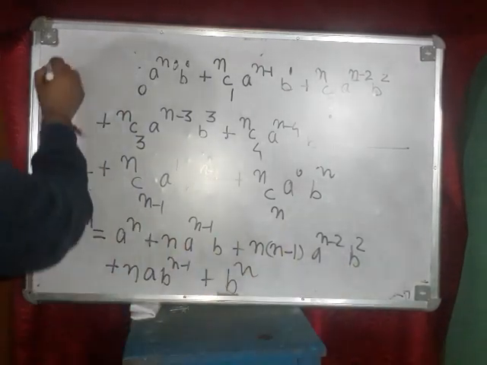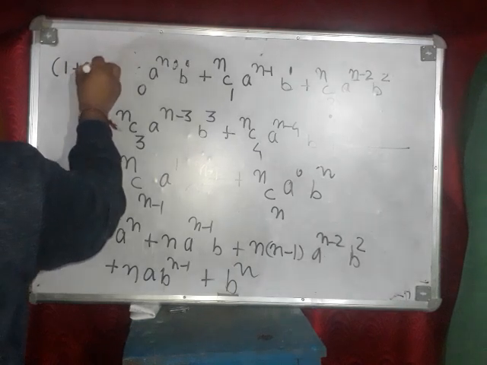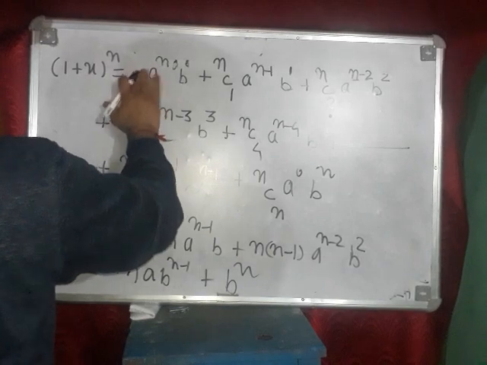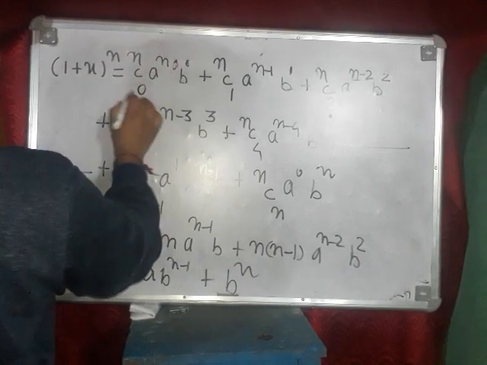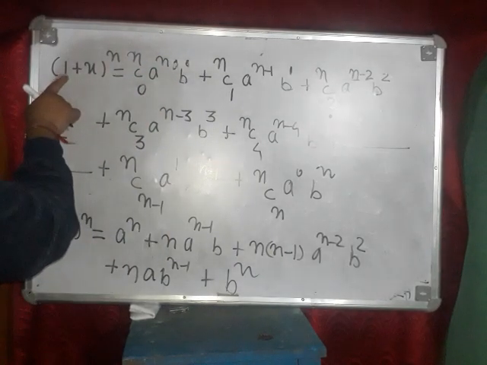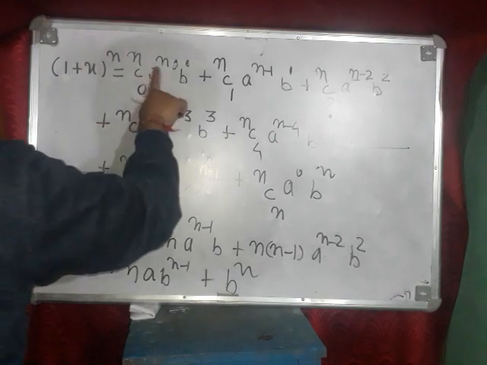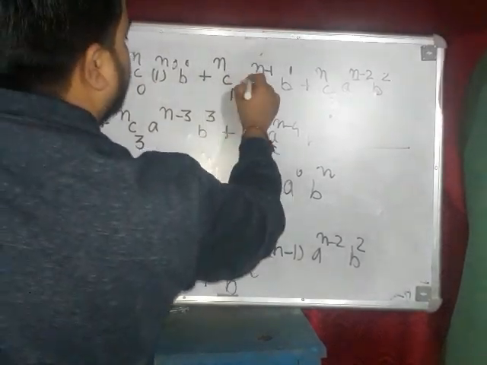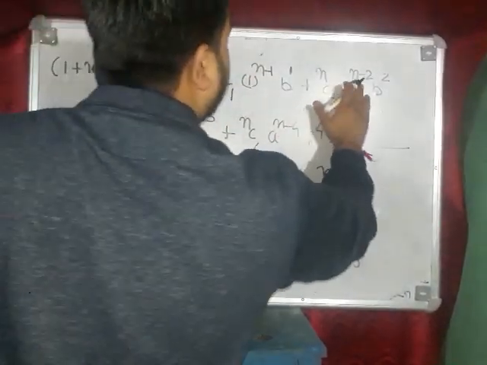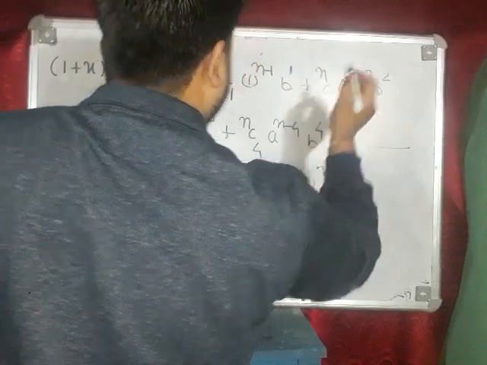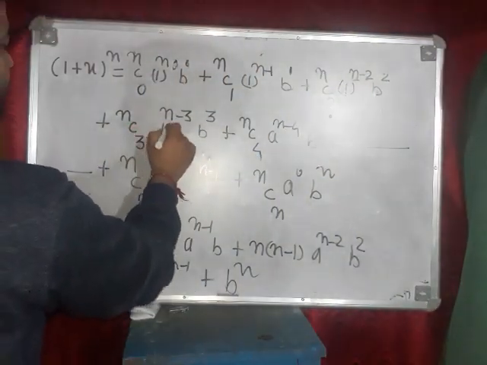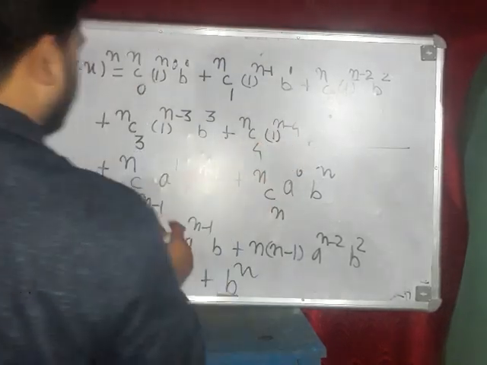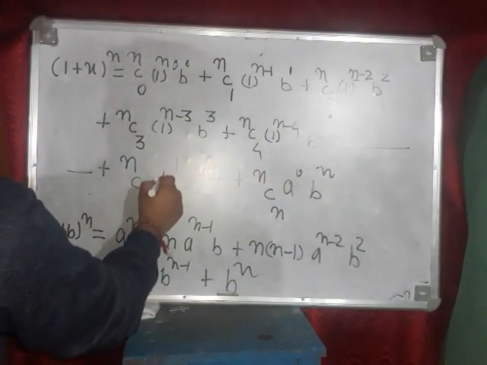Similarly, if there is (1+x) to the power n, we solve it from nC0, but we replace a by 1.